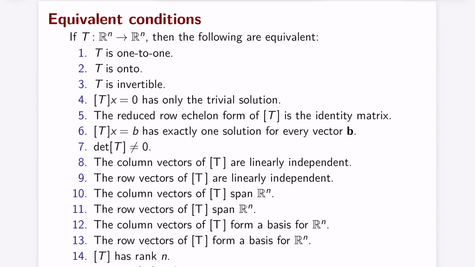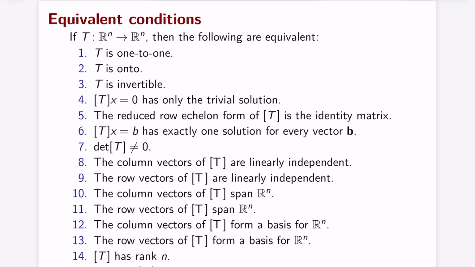And it's the same thing as saying that a system like this, with any vector b here, has exactly one solution. It's the same thing as saying that the determinant of the matrix associated to the transformation is not 0. It's the same thing as the columns or the rows being linearly independent or spanning the space, which is the same as saying that they form a basis of the space.